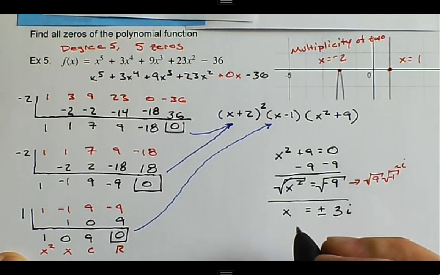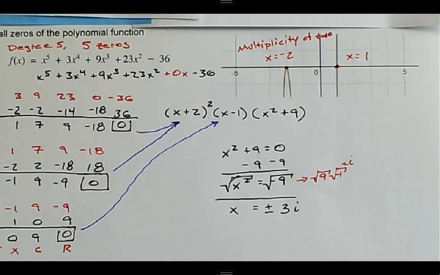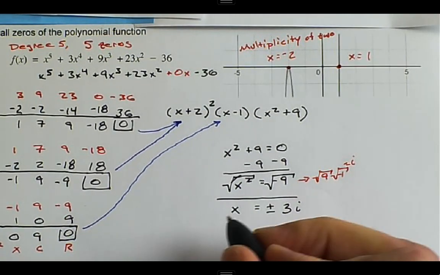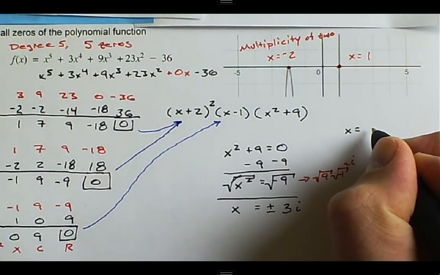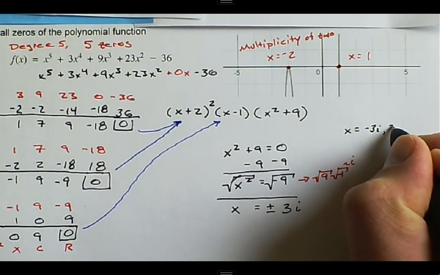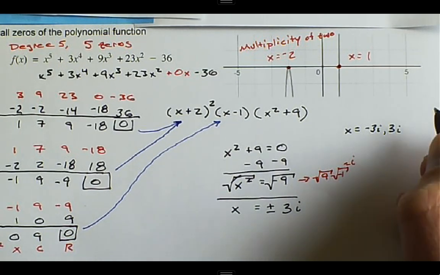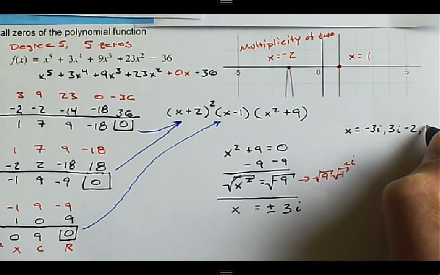So the solution for this polynomial is we have x is equal to negative 3i, 3i, negative 2, and 1.